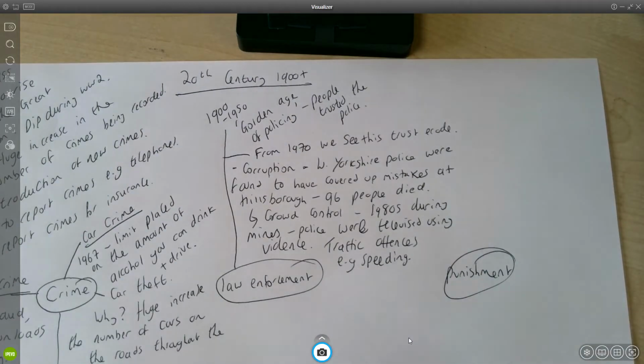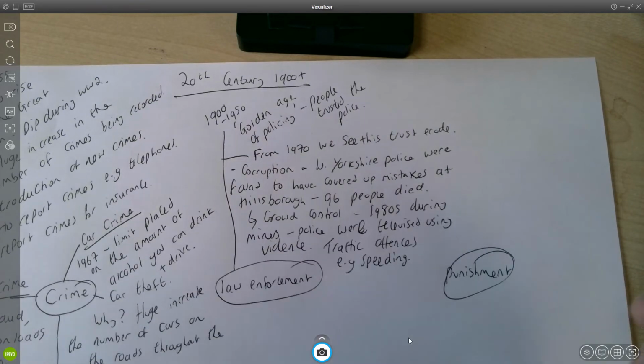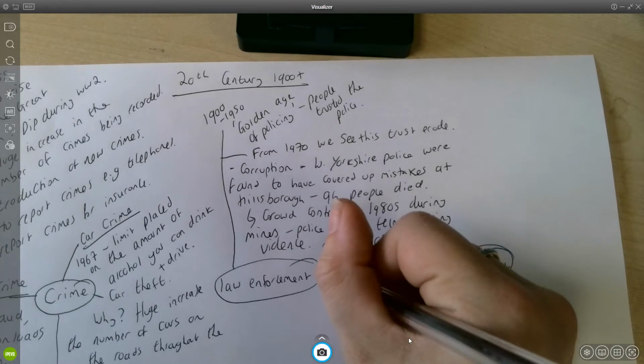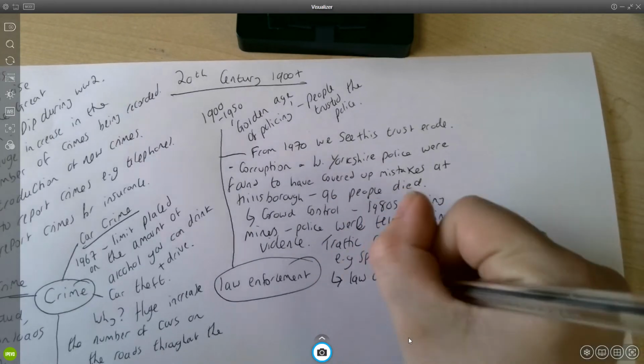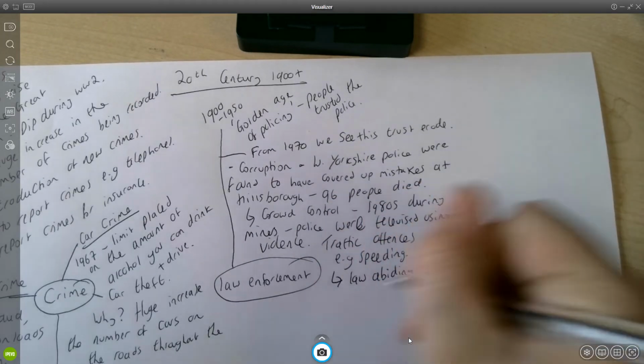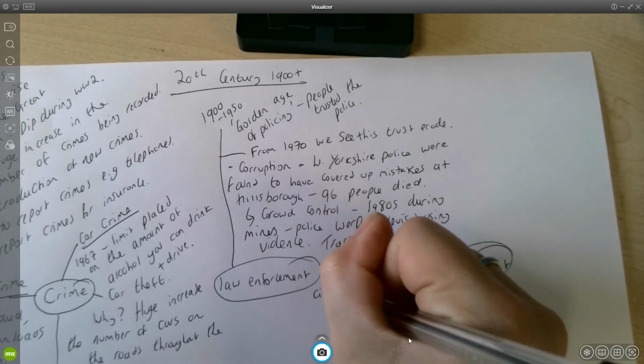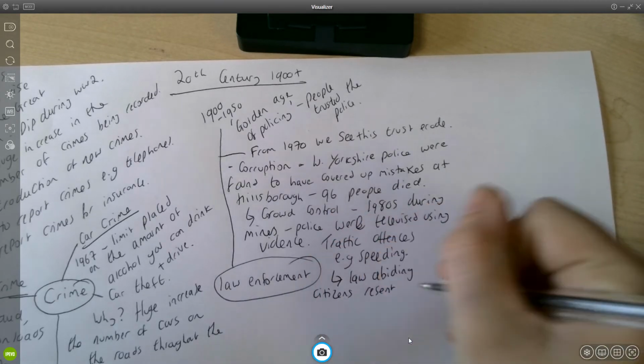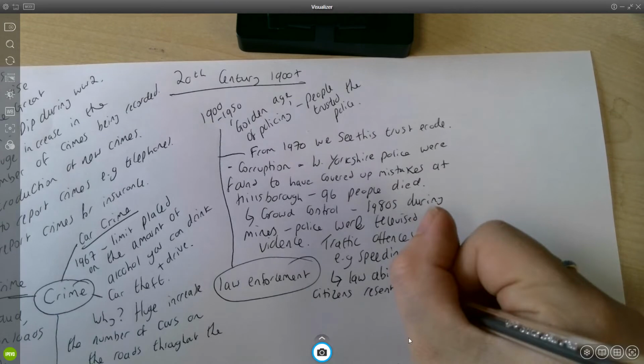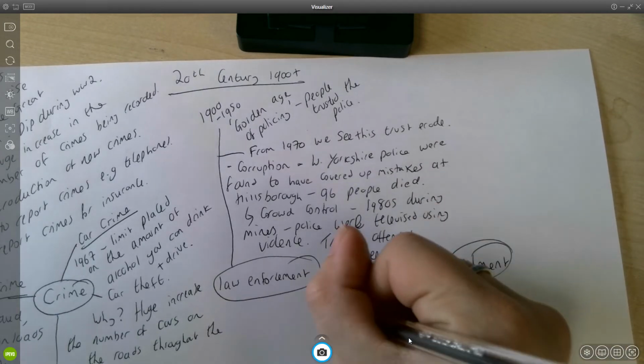Speeding is often felt or resented by some law-abiding citizens. So people who don't see themselves as criminals, but then are caught speeding, and they resent that.